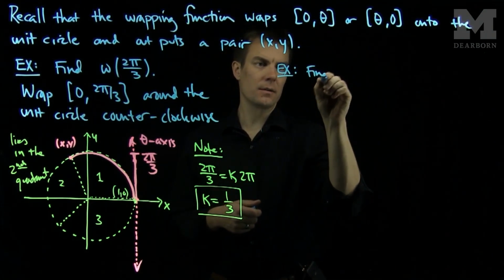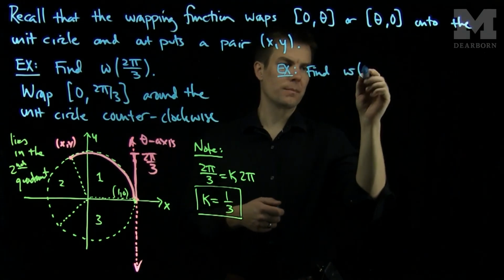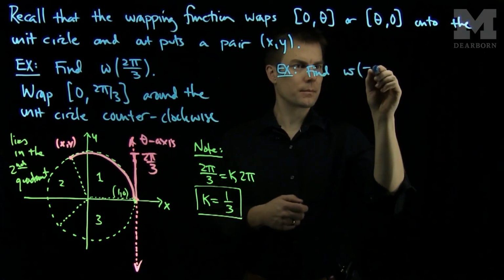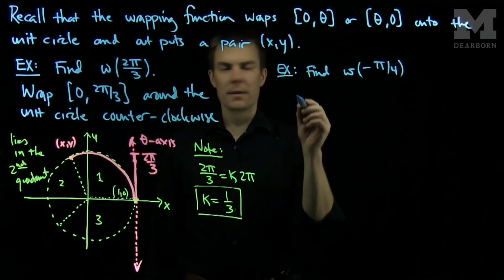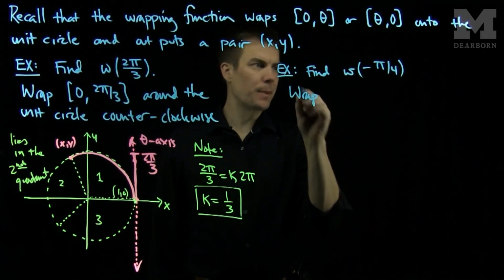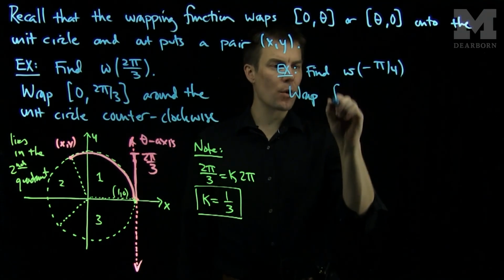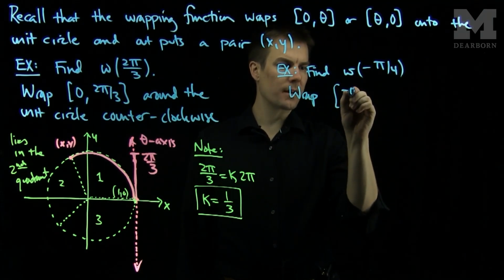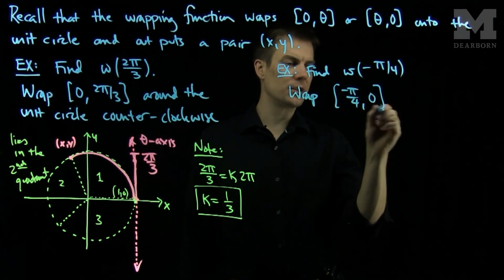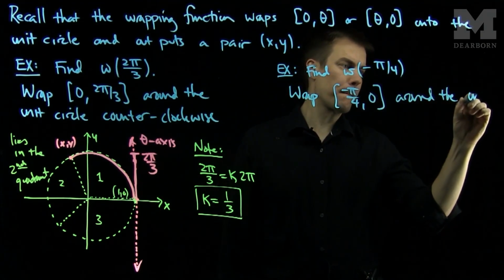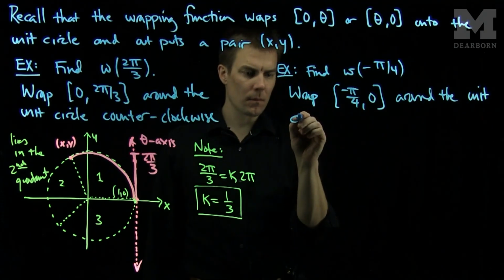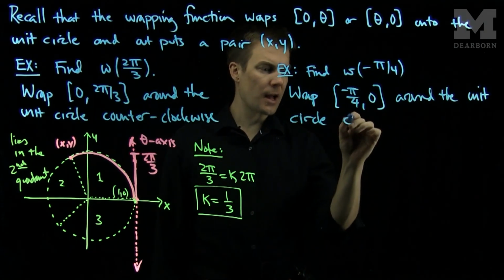Let's find the wrapping function of negative pi over 4. Now what we'll do is, since pi over 4 with a negative sign is negative, we will wrap the interval [negative pi over 4, 0] on the theta axis around the unit circle clockwise.